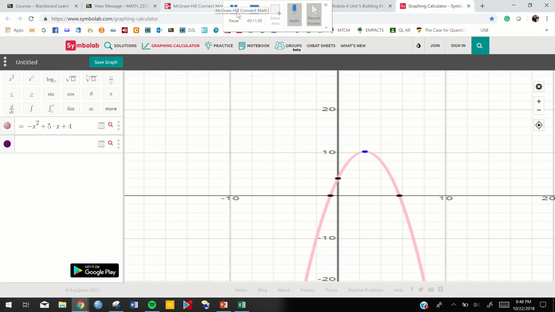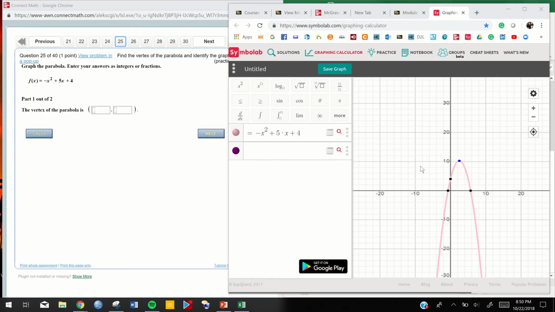Let me pause this real quick and see if I can figure out what's wrong. All right, so I was not able to click right on the spot, but I see that it just must be off because there I have my maximum. It says it is 5/2, 41/4.